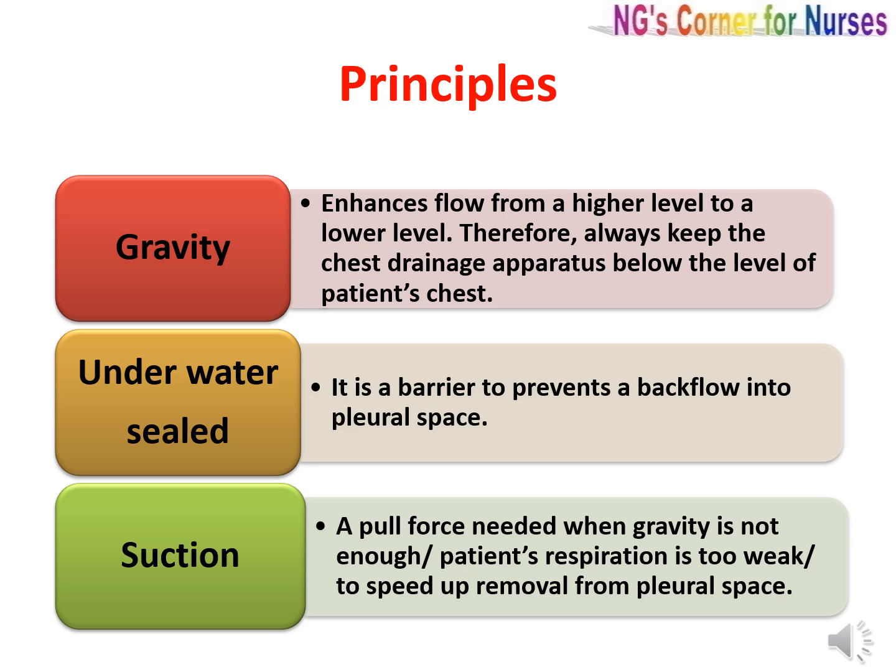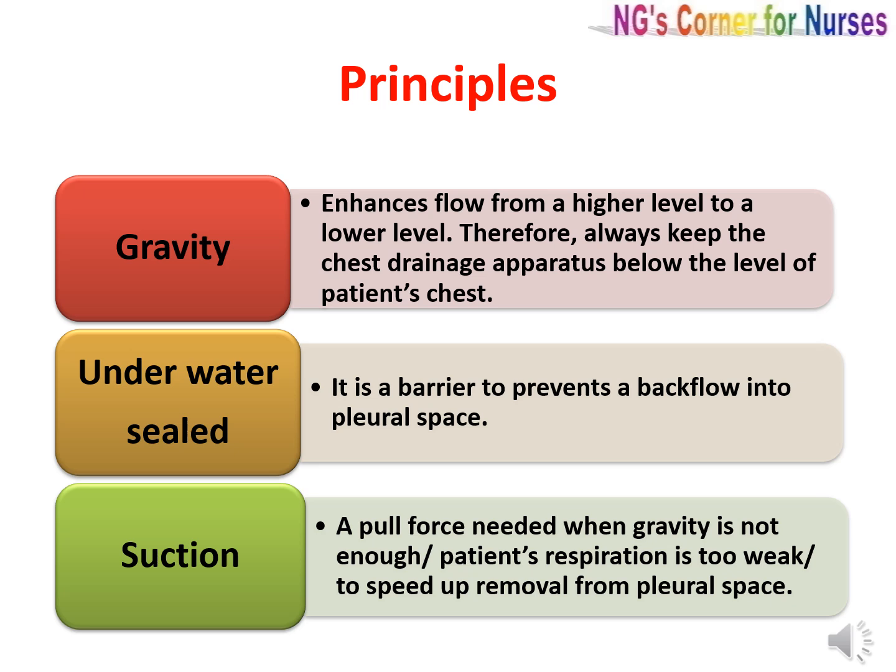Next, coming to the three principles of water seal drainage. First one is gravity. Gravity enhances the flow from a higher level to a lower level. Therefore, always keep the chest drainage apparatus below the level of the patient's chest. Next, the second one is underwater seal.